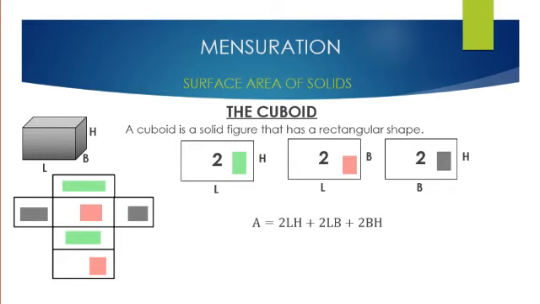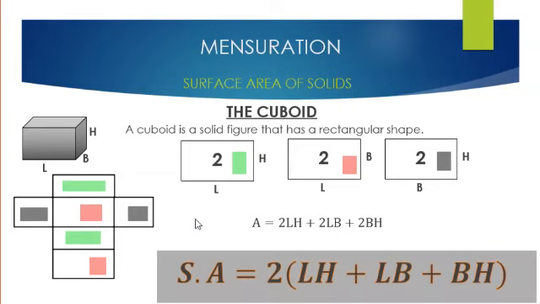Now, this whole relation we're trying to figure out about the 3 rectangles can be simply written into a sentence. Area is equal to 2LH plus 2LB plus 2BH. That's simple. That's the total surface area of a cuboid.